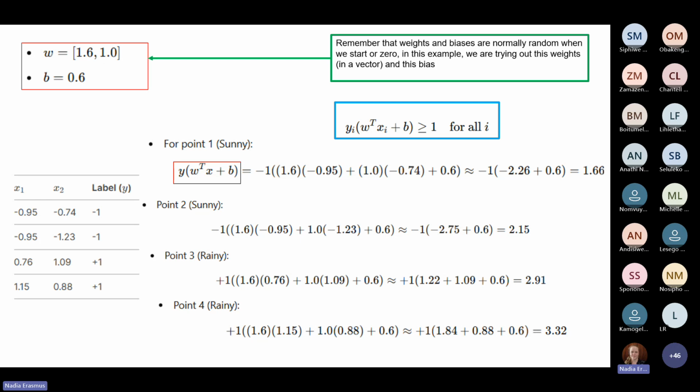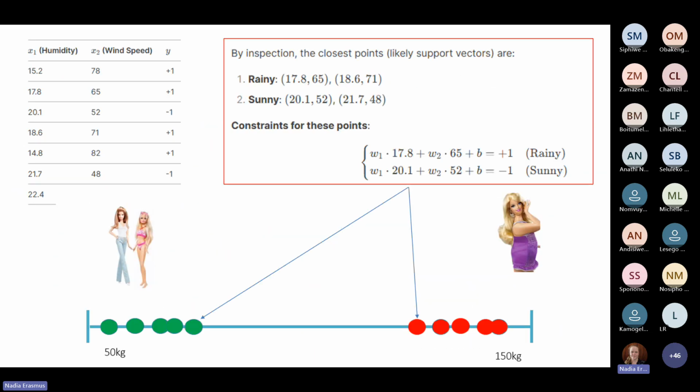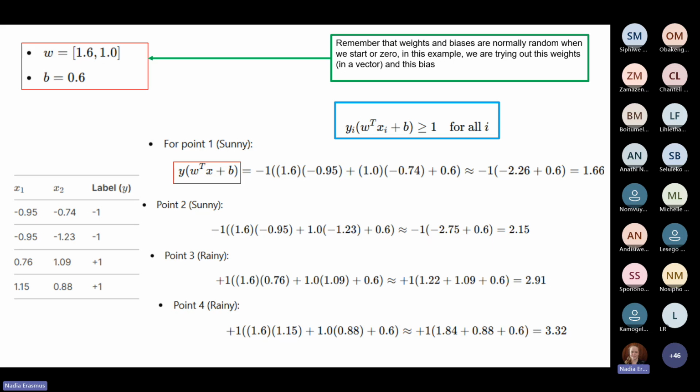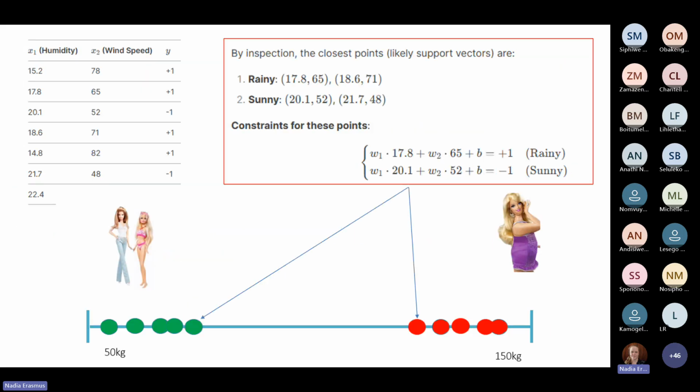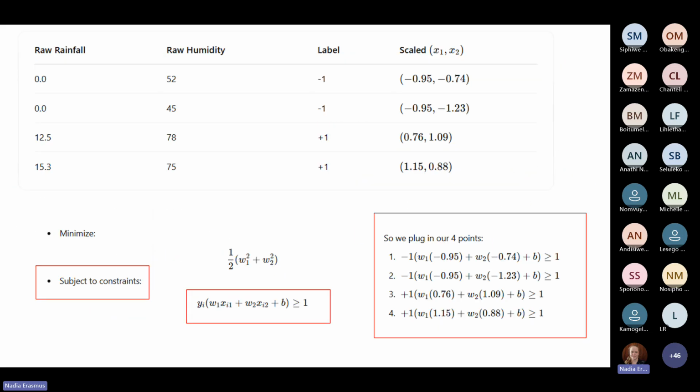So let's see, point 2. Let's look back. It's going to be minus 1, so it is sunny. So let's go and look at point 2. We put it in, and we have used these calculations. This one is very important: this y i is given here. This is the label, the yi's.